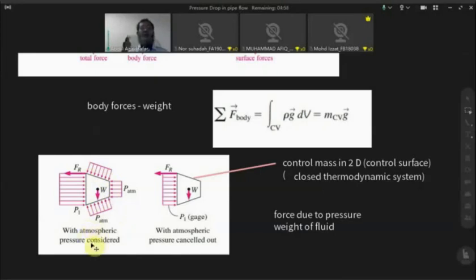And we have the surface force due to the pressure, and the body force is due to weight. And we represent the schematic here as a control volume in 2D, or control surface, where we control mass, right? In thermodynamics, we call it a closed thermodynamic system. So these terms are used interchangeably in thermodynamics and in dynamics, as well as in fluid mechanics.